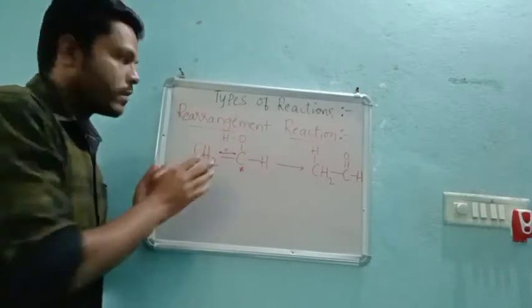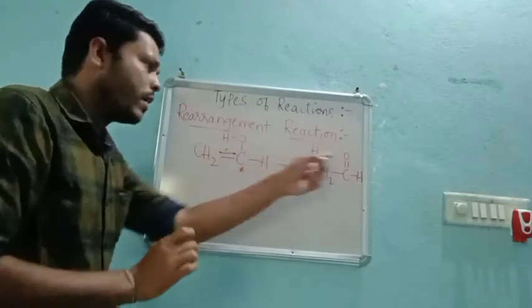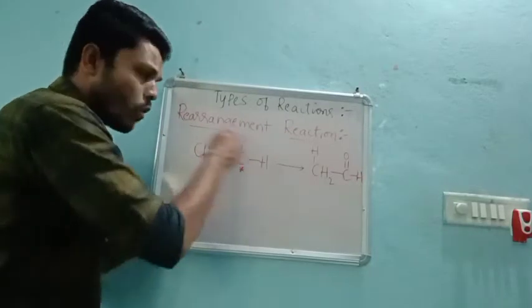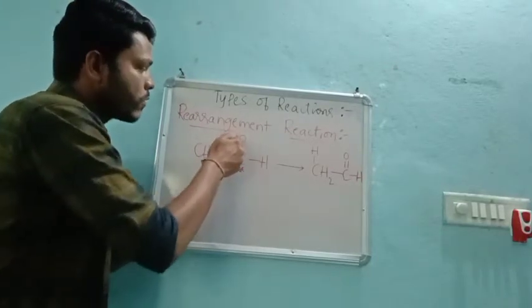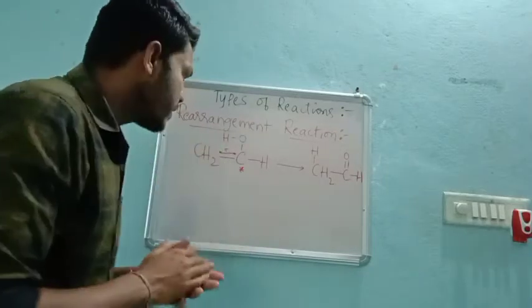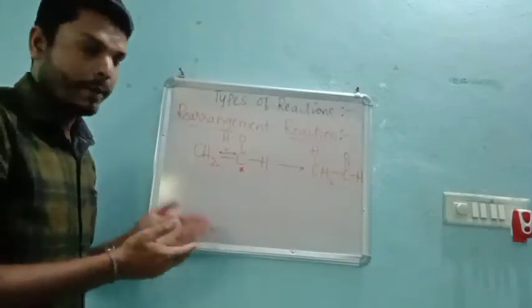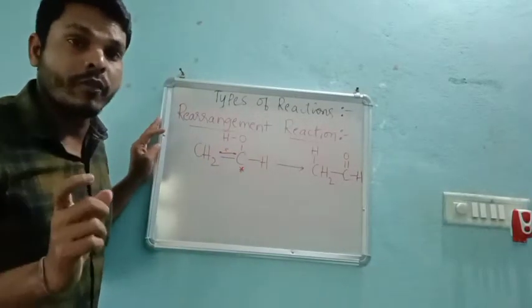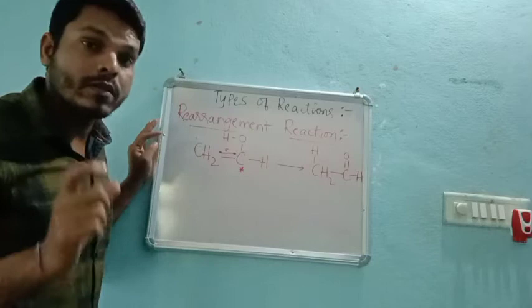See what happens: because of this oxygen only, the rearrangement takes place. Why? Because in this whole compound, the oxygen is the only atom which is more electronegative. Because of its higher electronegativity, these electrons, that means the pi bonded electrons, listen carefully, pi bonded electrons are free.